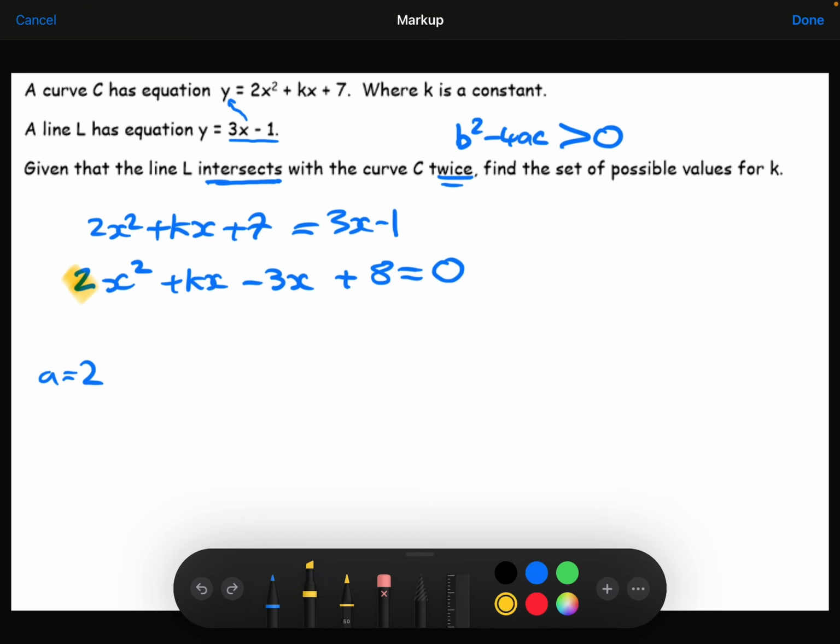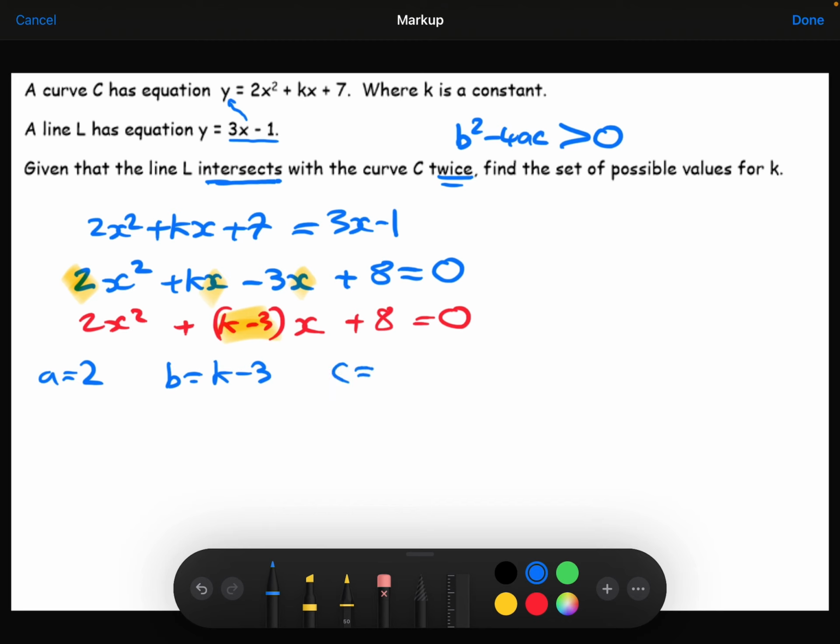If I factorise the x outside from here and here, then I can rewrite this as k minus 3 times x. And now I can see quite clearly that the b, the coefficient of x, is k minus 3. The c is the number on the end there, which is 8.